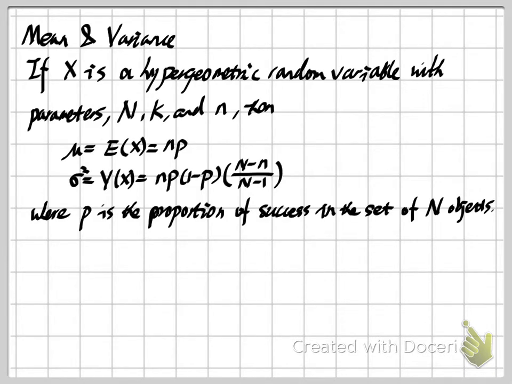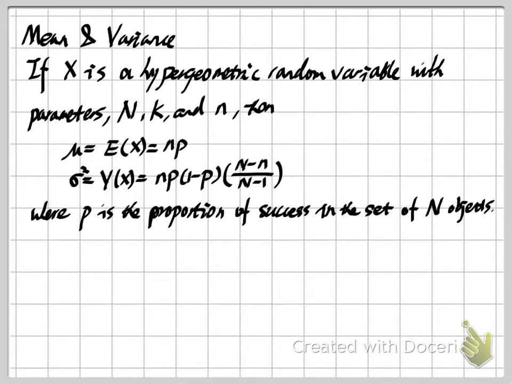If X is a hypergeometric random variable with parameters capital K, capital N, and small n, then the mean, or expected value, of our random variable is n times p, and the variance, denoted by sigma squared, is equal to n times p times (1 minus p) times (capital N minus n) divided by (capital N minus 1). Be careful here, this is not a combination, this is just a division, okay?